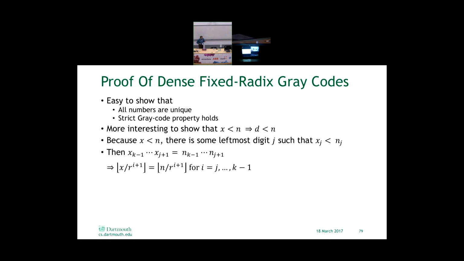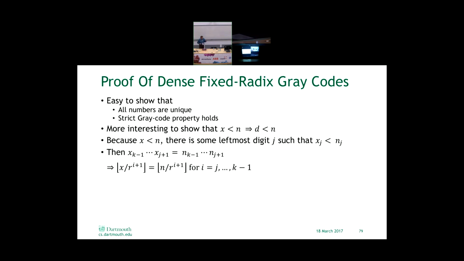All right, and by our formula, that says that those digits of the dense gray code and those digits of the ordinal are going to be equal by the formula that I showed you before for positions j through k minus 1. So therefore, when we look at those positions of the dense gray code and our ordinal x, those are going to be equal.